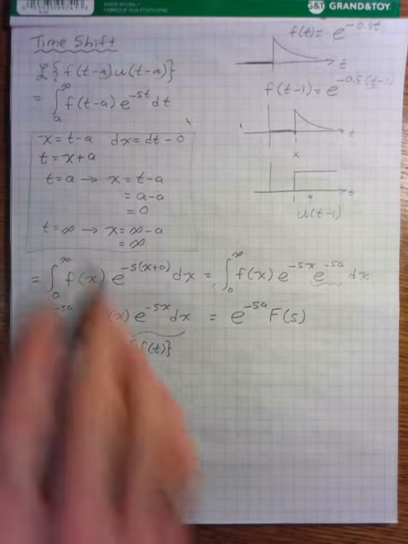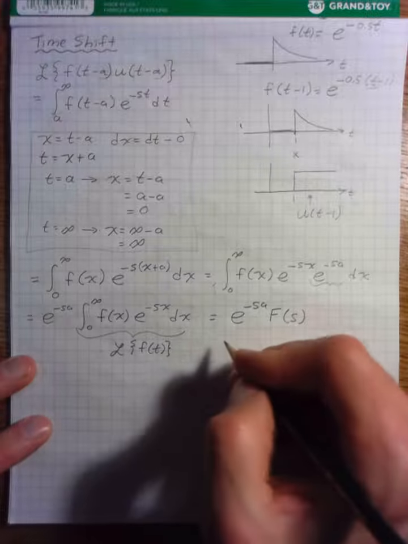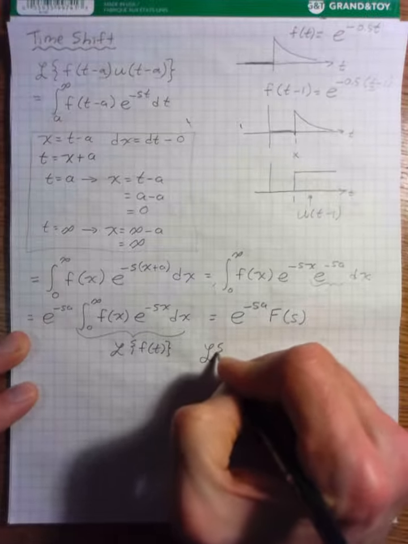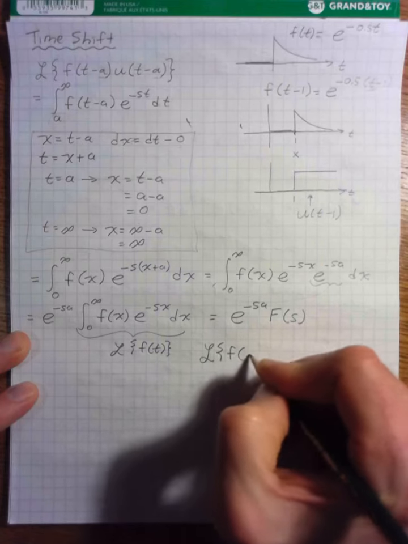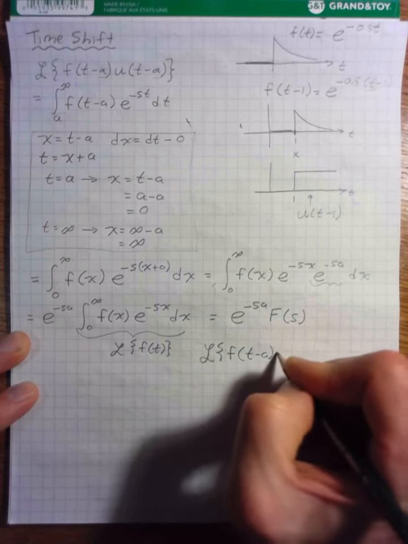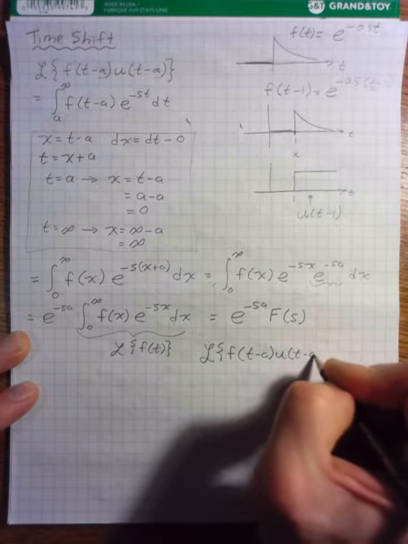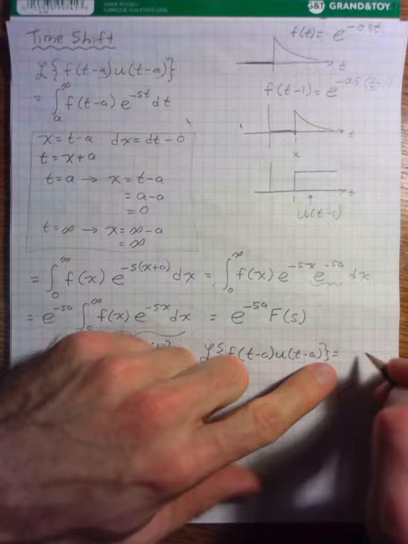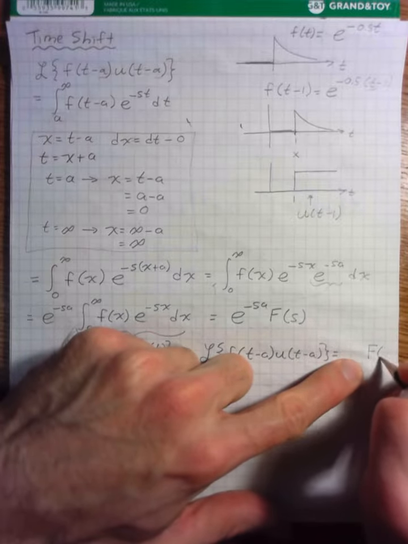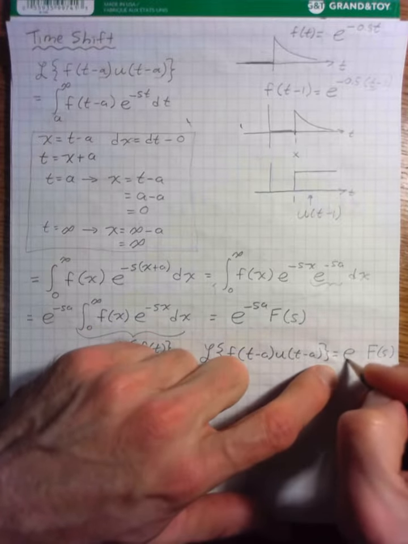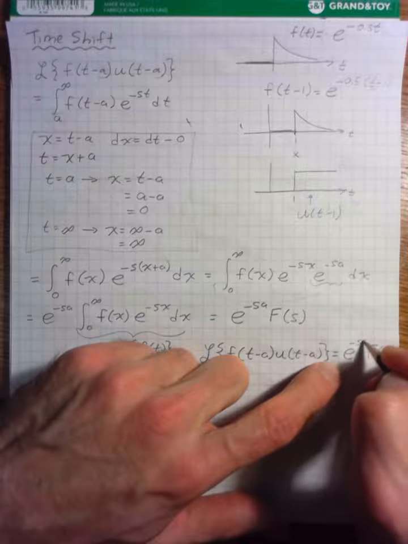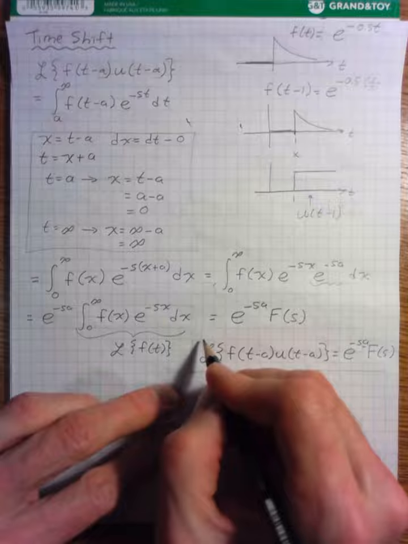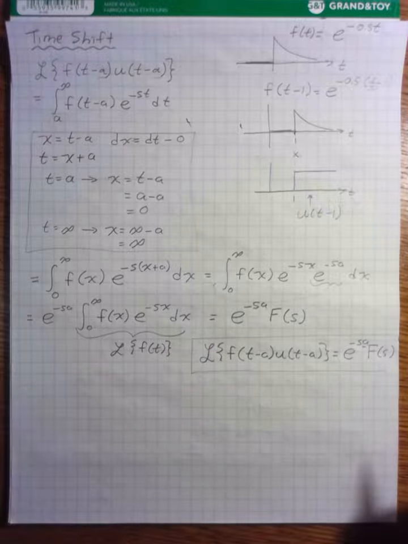So this is kind of spread out all over the place, so let me just put this in a little box. The Laplace transform of a shifted version of our time domain signal multiplied by a shifted version of the unit step is equal to just the regular Laplace transform of our unshifted signal multiplied by e to the minus sa, where a is equal to our time shift. And so this is our time shifting property.